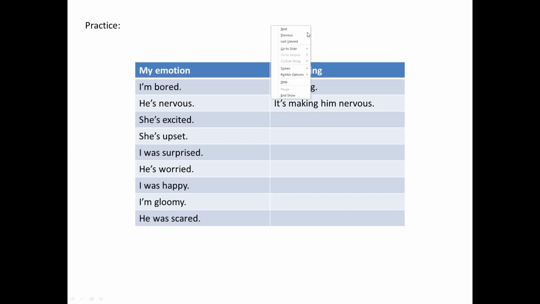So here we have a chart, and I'd like you to go ahead and open your notebooks, please, and grab a pen. And I'd like you to fill in the chart. Just a couple of things to take notice of. I am. We have it is or it's. He is.